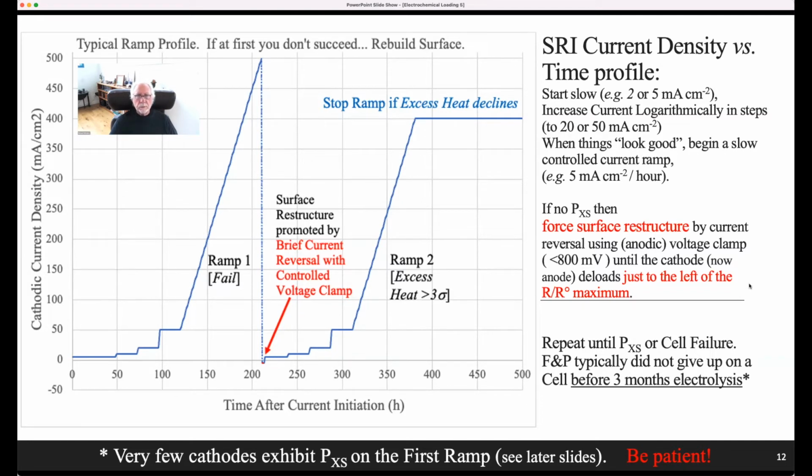And you repeat this procedure over and over and over again until you get excess heat, in which case you stop and study it, or the cell fails. Fleischmann and Pons typically did not give up on a cell before 3 months of electrolysis, and we've certainly run cells for 3 months, although we didn't always, but you must be patient.